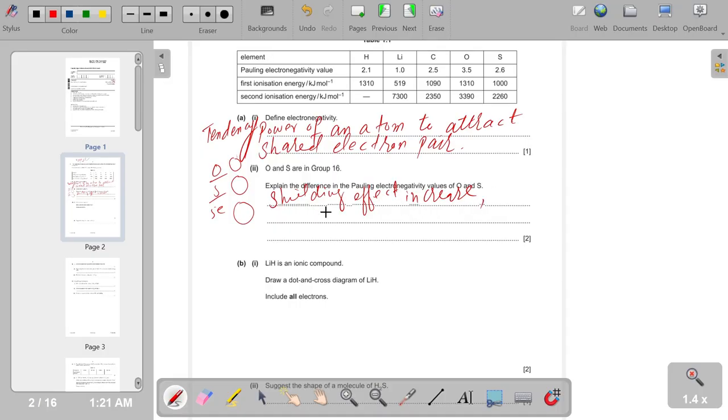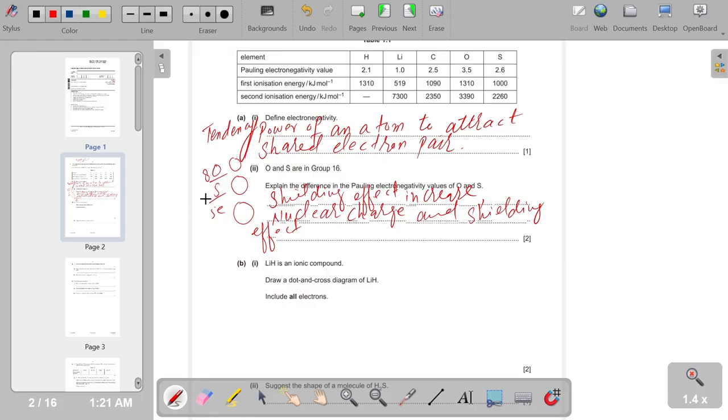Nuclear charge and shielding effect cancel each other.